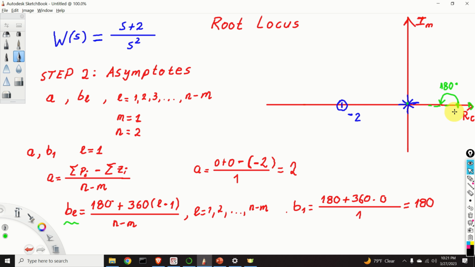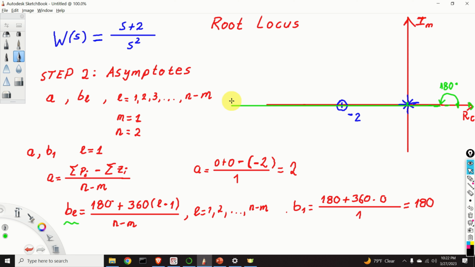This is very important information. So we know that our asymptote looks like this. That is, the root locus when k goes to infinity approaches this asymptote. And if you remember what I said maybe 5 minutes ago, I said that we have finite and infinite zeros, and the locus should end in a finite zero and in an infinite zero.